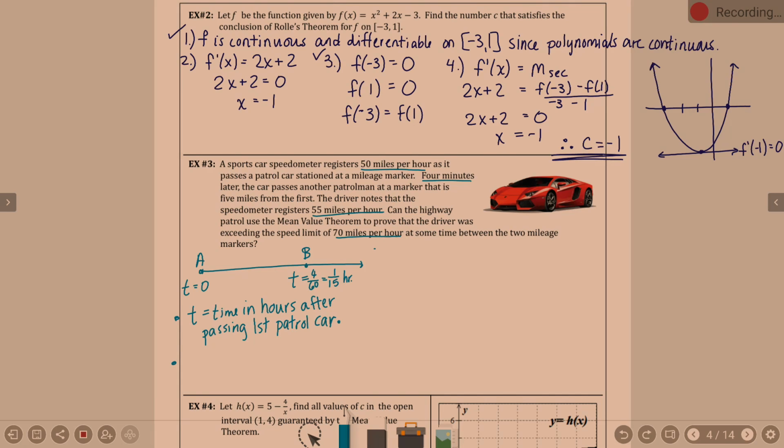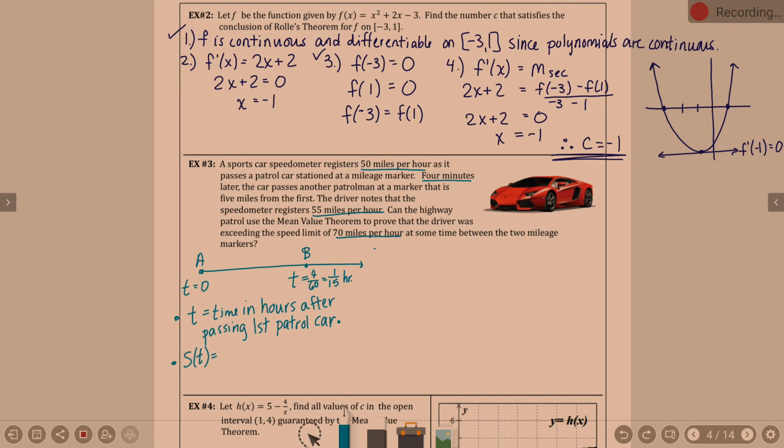Okay. And then if we talk about a function, you can name your function whatever you want, but it's a distance, it's a position. So I'm going to use s of t, and that's going to represent the distance we've traveled in what unit? In miles, right?